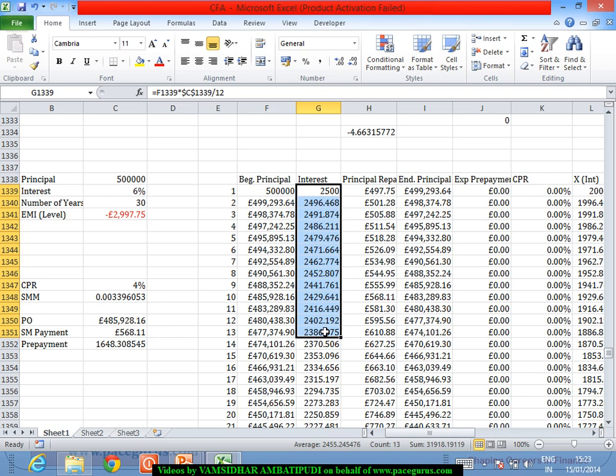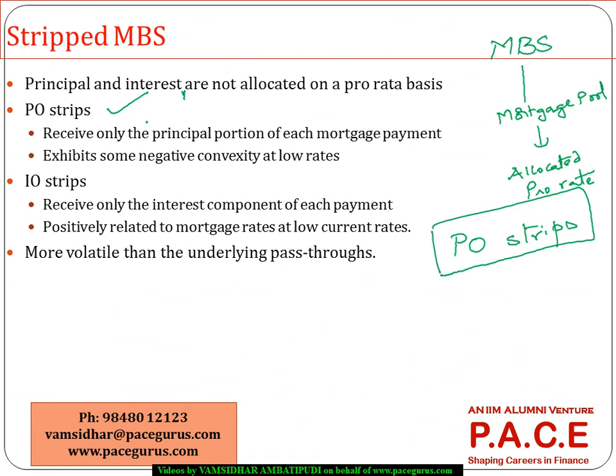So they are sold at a discount to the par value, because in the end what the investor would be receiving is the total principal amount.